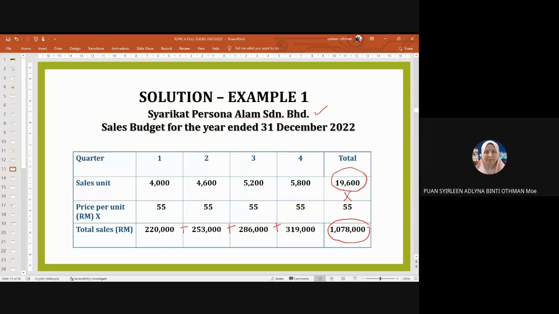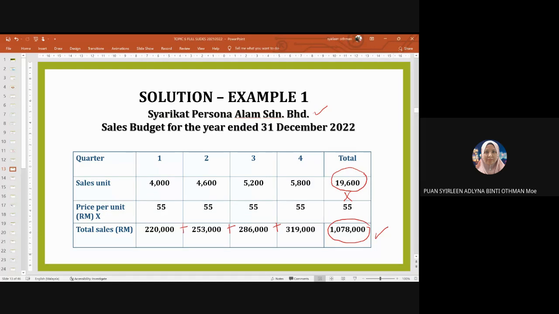Okay, the expected sales for 2022 is 1,078,000. All right, so this is your sales budget. Ada soalan nak tanya? Tak ada? Okay ke? Boleh?